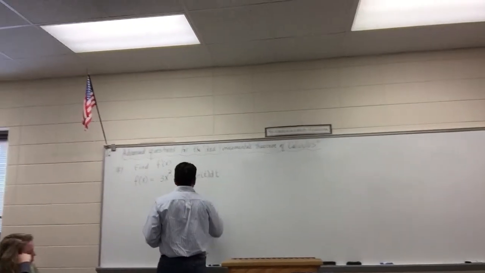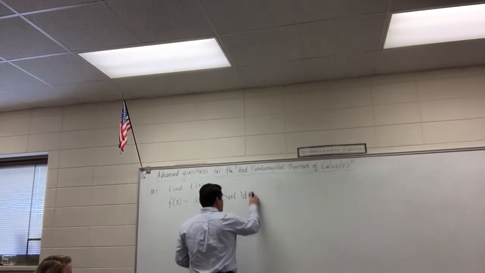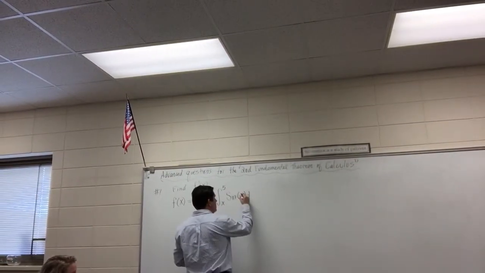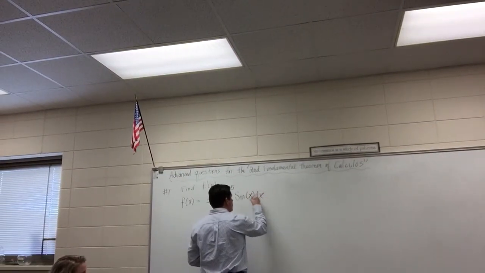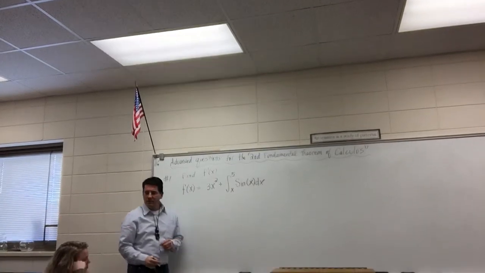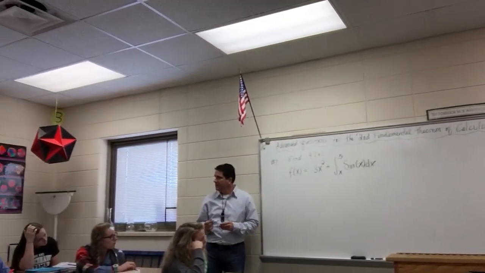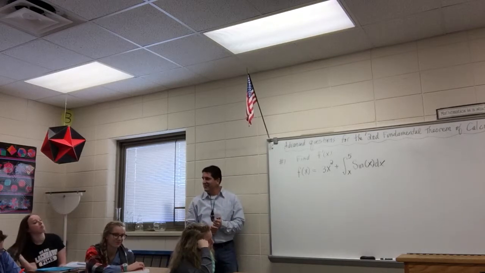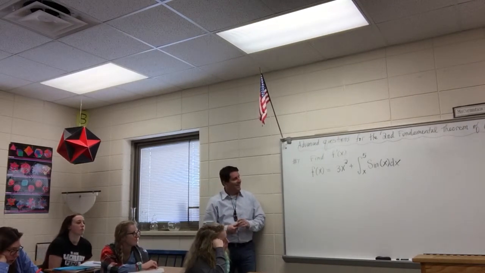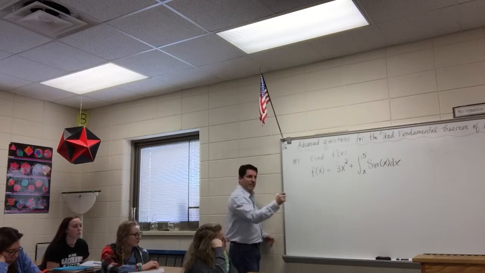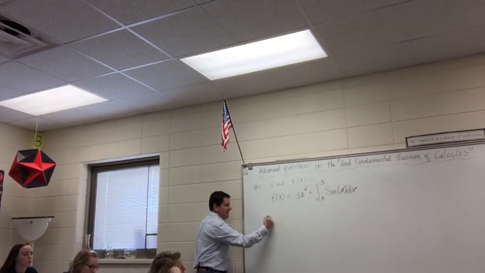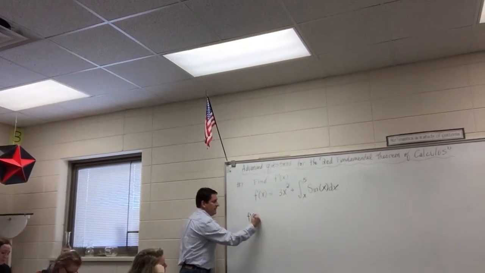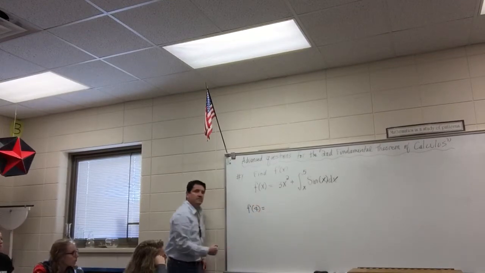Why can't I just make this an x and this an x rather than t's? You know what I mean? Stop and think about it. Don't write this down, but what if I said, find me f of, I don't know, 4.